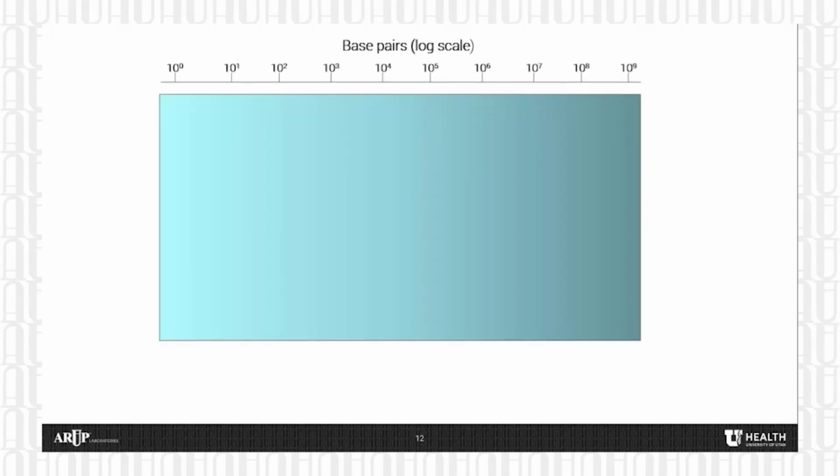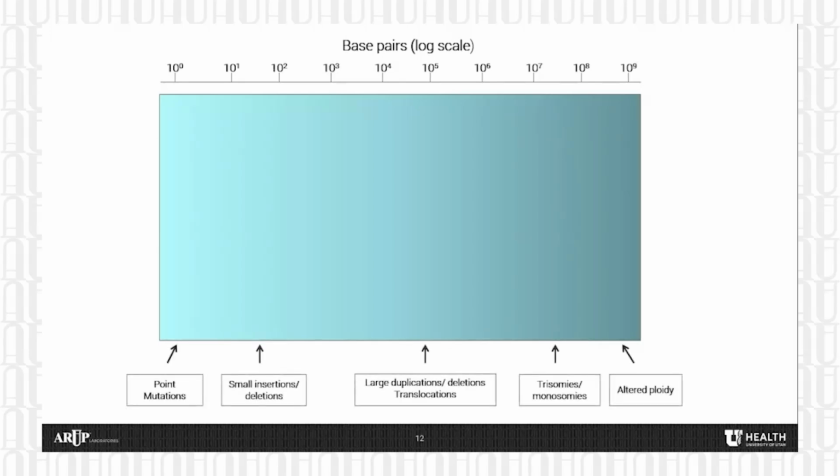And so if we look here at this schematic illustration of the genome depicted by the number of base pairs from 1 base pair to billions, there are a wide range of abnormalities or alterations that can happen in cancer, ranging from altered ploidy, where a cell has multiple copies of all the chromosomes, to gain and loss of one or part of a chromosome, structural abnormalities, small insertion deletions, and down to point mutations affecting only one base pair.